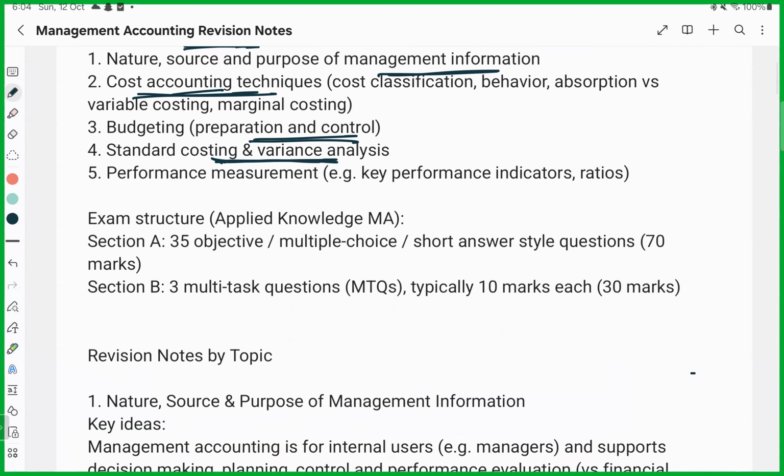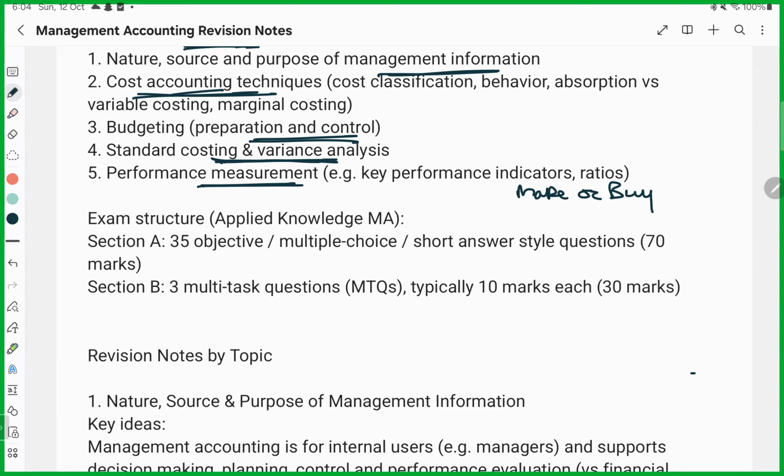So after standard costing and variance analysis, what is the next topic in this part? It's performance measurement. Performance measurement gives me the key indicators, which will include the make or buy decision, whether you should make the product by yourself or buy it from outside. What is going to be the most beneficial for you?